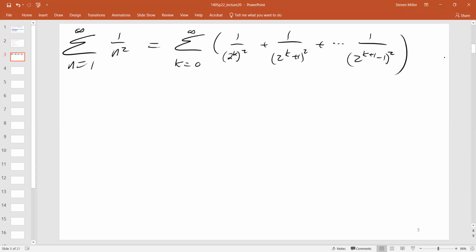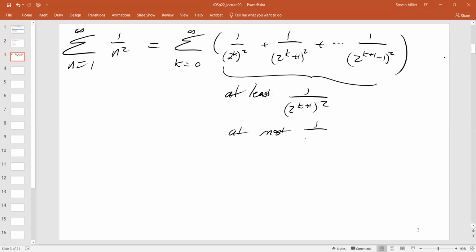What was nice is that in all of this, each term is at least 1 over (2 to the k plus 1) squared, and at most 1 over (2 to the k) squared. Well, this is just 1/4 times 1 over (2 to the k) squared. So the difference for all of the terms between the smallest and the largest in each of these blocks is at most a factor of 4.